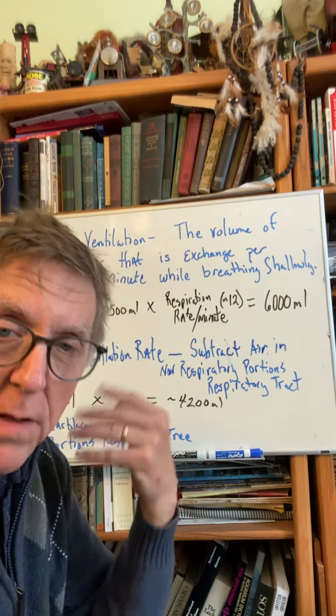So if we take that number, 500 milliliters, and we multiply it times the respiratory rate, and the respiratory rate is the number of breaths that you take per minute. If we take an example of 12, an average volume and an average number, a minute ventilation rate of about 6 liters or 6,000 milliliters is fairly typical.